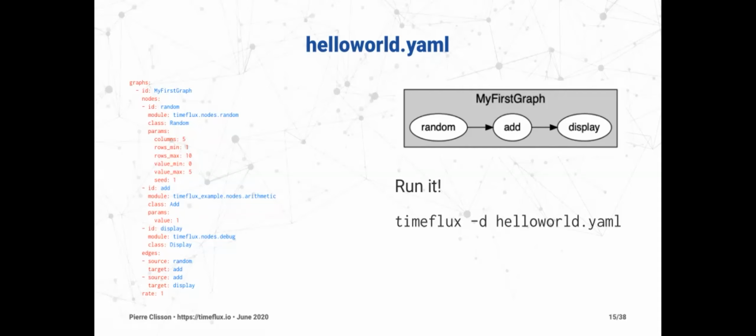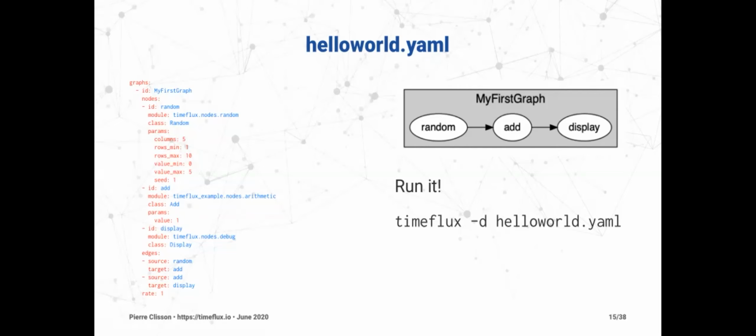Here, in this case, nodes have an ID, and the ID is mandatory in nodes. Why? Because later we need the ID to connect the nodes together. Then we have a module. The module is, as you can expect, the name of a Python module.